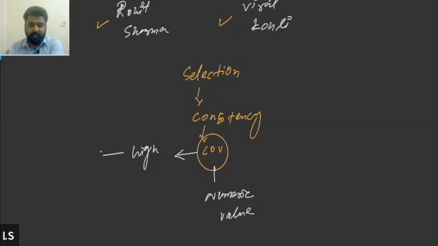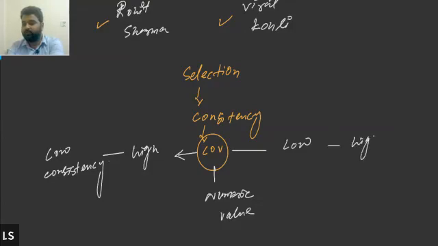Getting my point? High coefficient of variation indicates low consistency, and similarly a player having a low coefficient of variation will be more consistent, highly consistent.